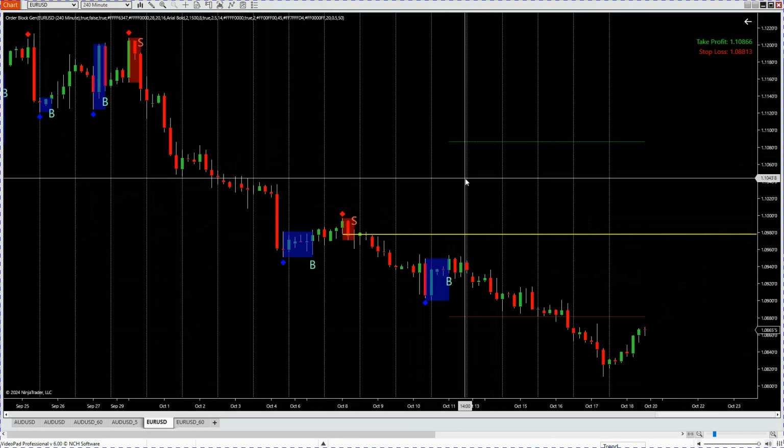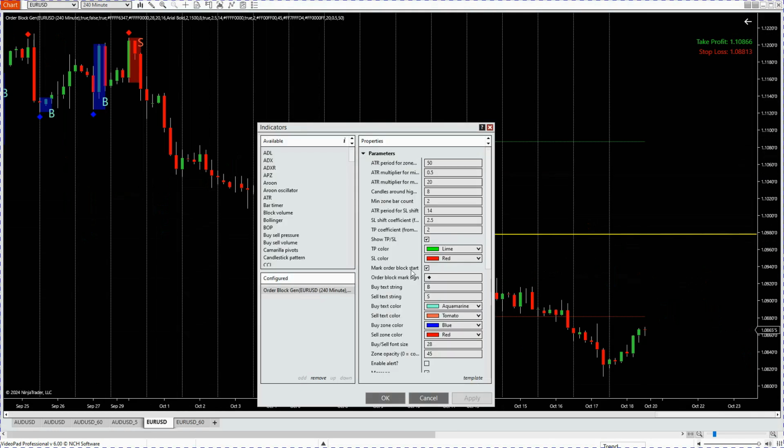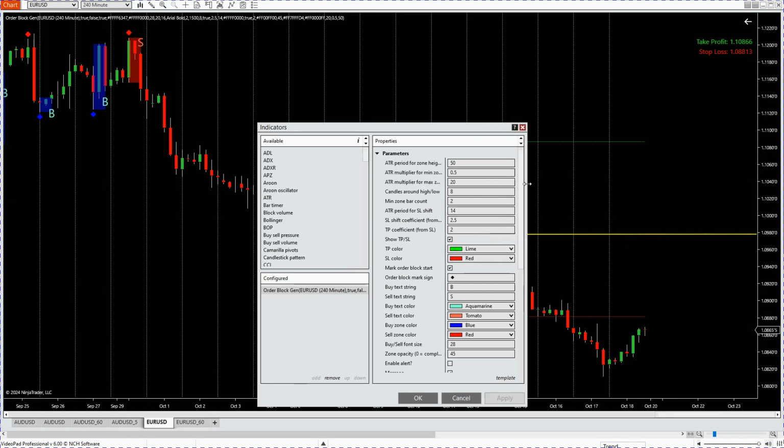One other thing that I want to show here is the indicator settings. Two of the very important settings here are these two. The one that says candles around high low, and right now it's set at 8, and minimum zone bar count.